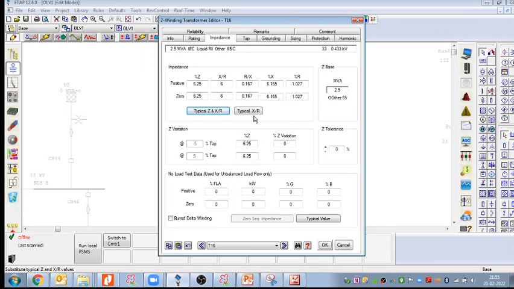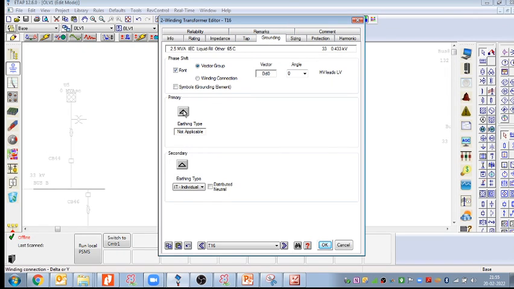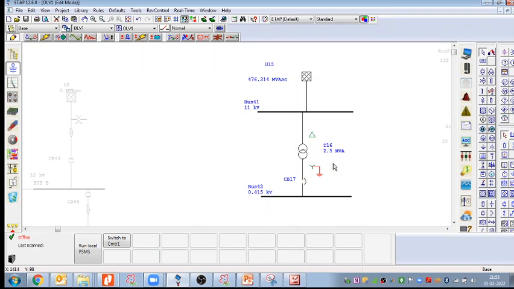At present I'm going with the typical X by R of the transformer, putting delta primary, star secondary, and solid grounding. We can see the symbols here, click OK, and thereafter we can perform the short circuit analysis.